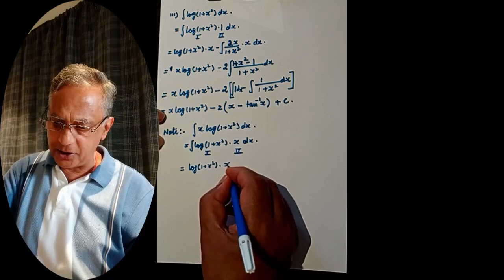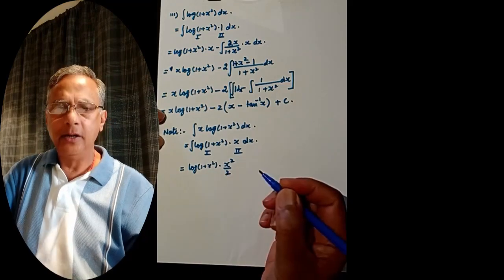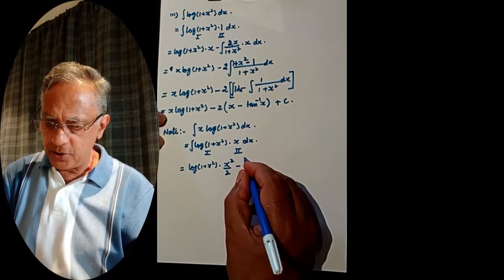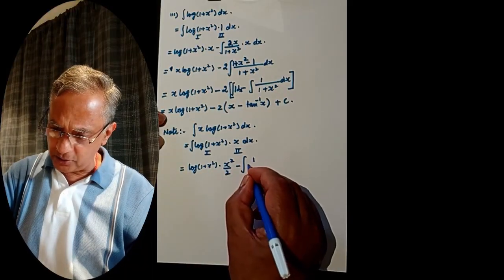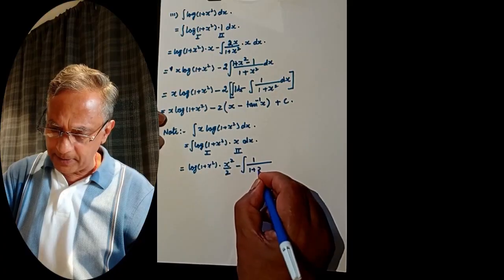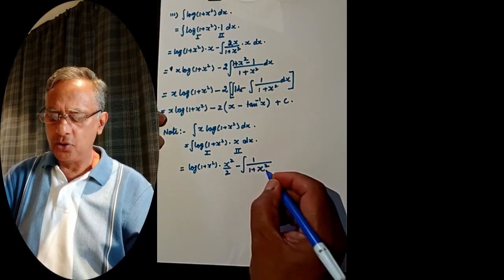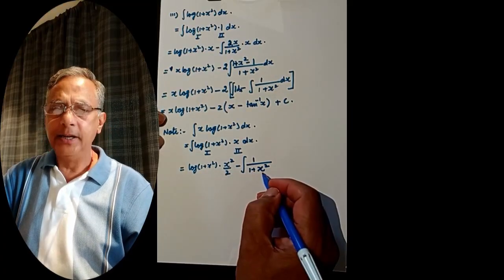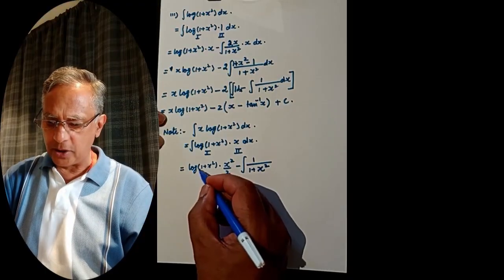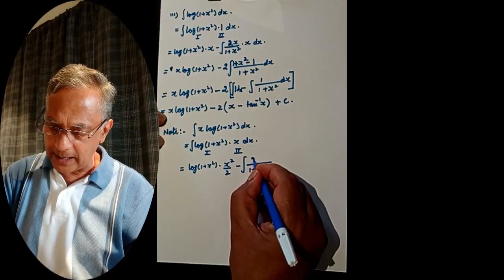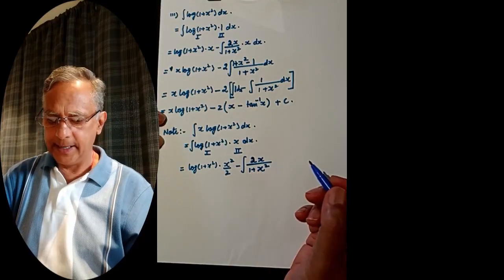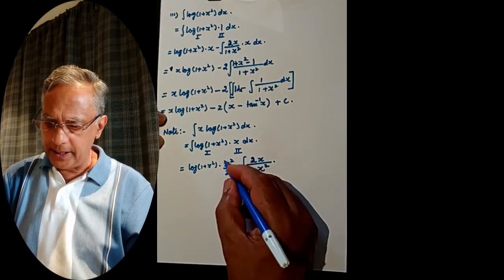integral of second. Integration of second is x square by 2 minus integral of differentiation of this. Differentiation of this is 1 upon 1 plus x square into differentiation of inner function, that is 1 plus x square. Differentiation of 1 is 0 and differentiation of x square is 2x. So we will have 2x into integration of second.